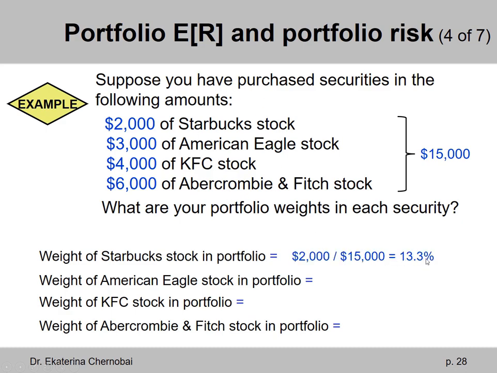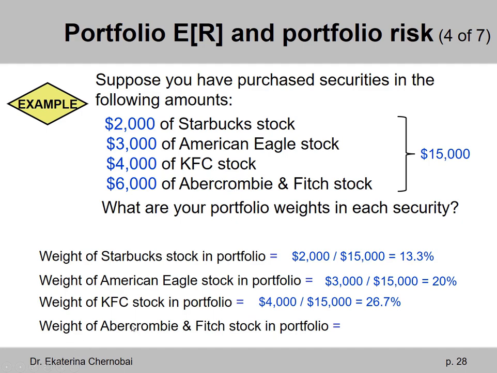This gives 13.3%. The weight of American Eagle stock in the portfolio equals $3,000 divided by $15,000. That's a 20% weight. The weight of KFC stock in our portfolio is $4,000 divided by $15,000, which gives 26.7%.